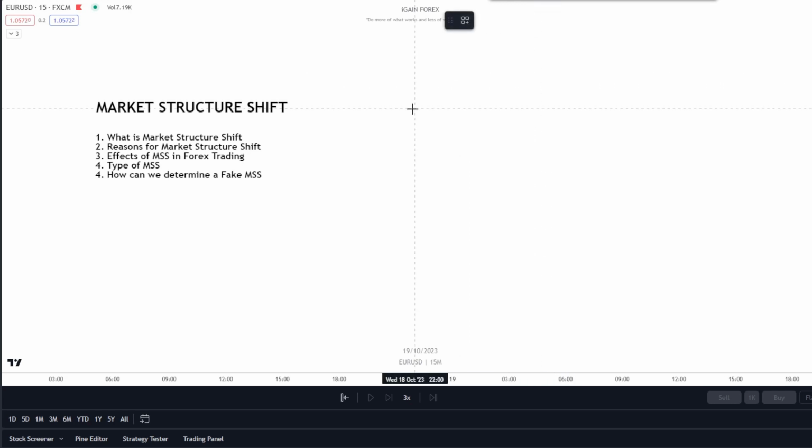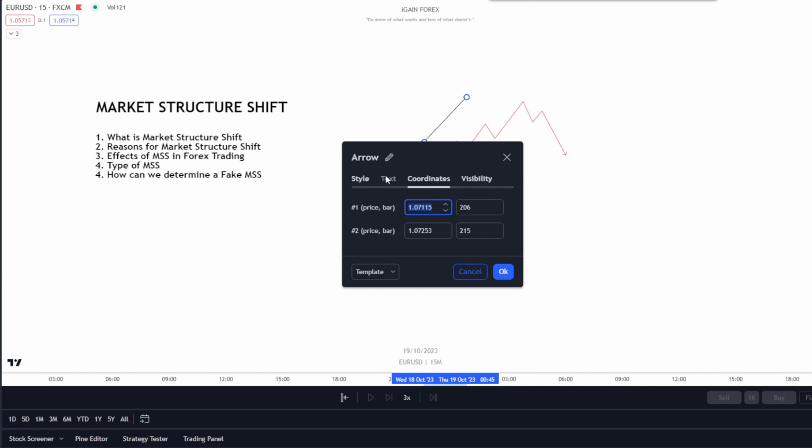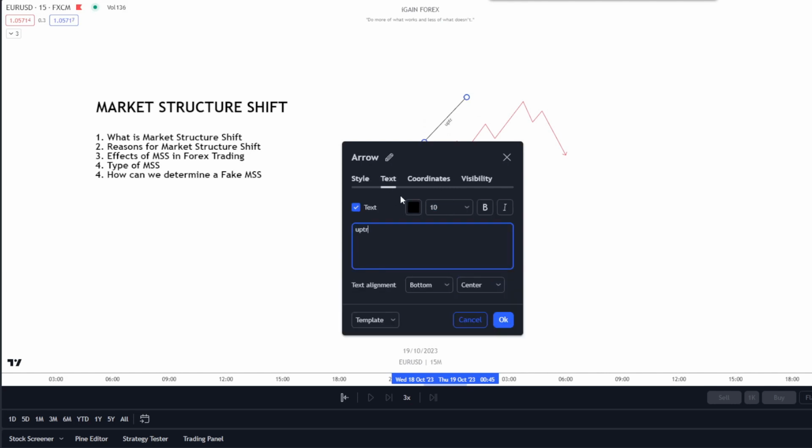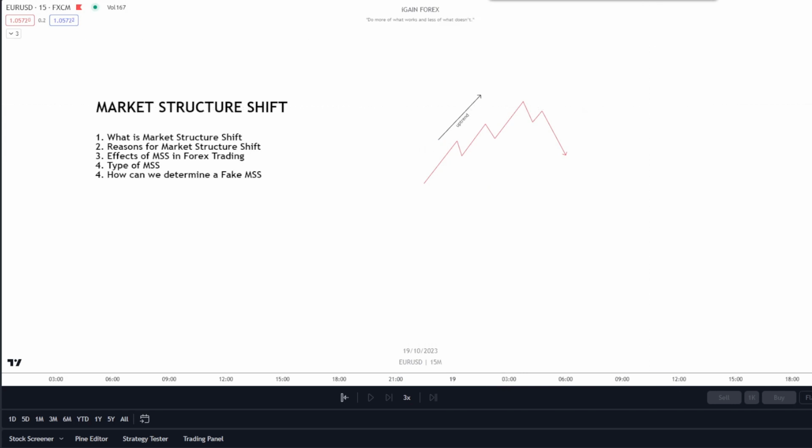So in short, for example, we have here an uptrend move of the market. A market structure shift is a shift or change in the direction of the market. For example, here we have this uptrend, and then as we can see here, we have this downtrend.